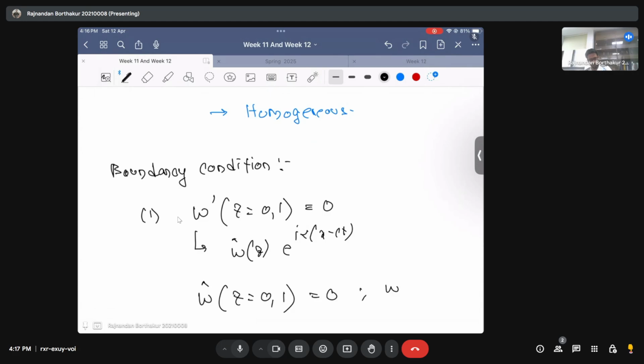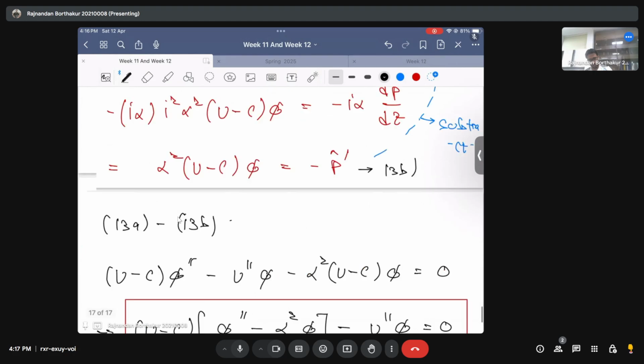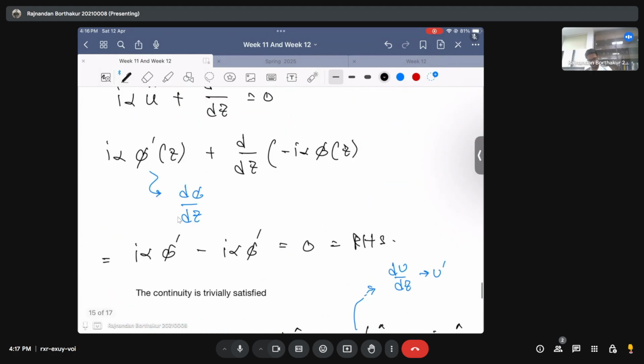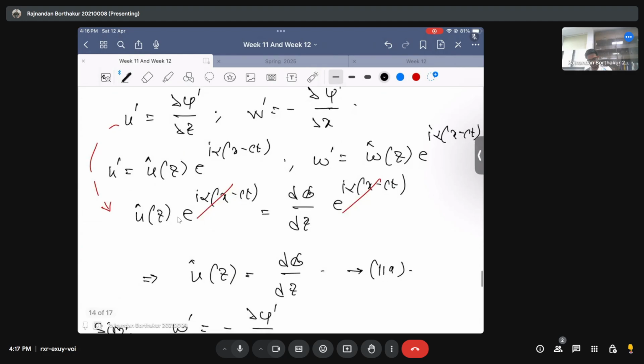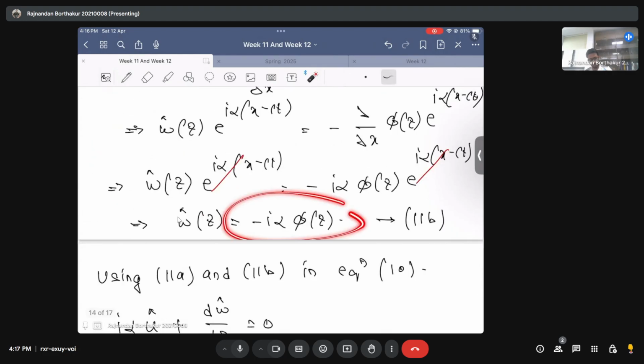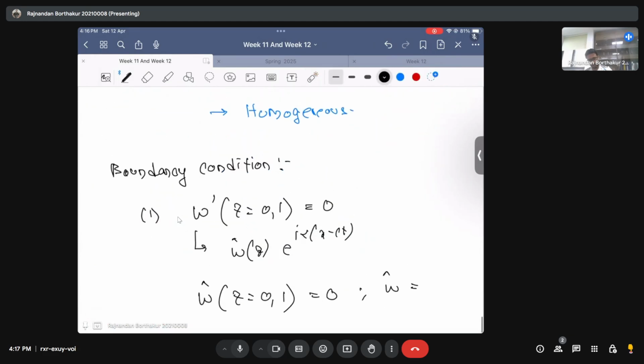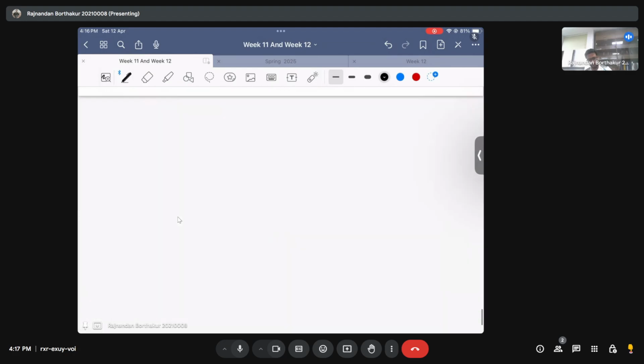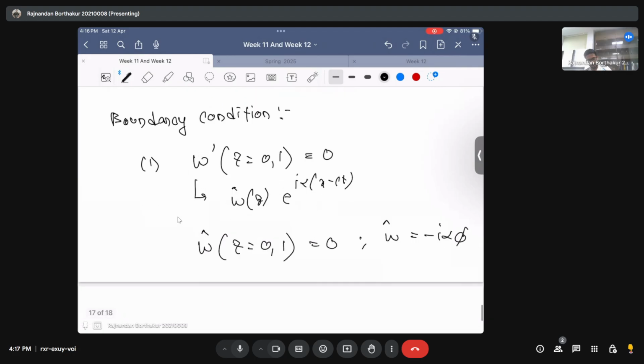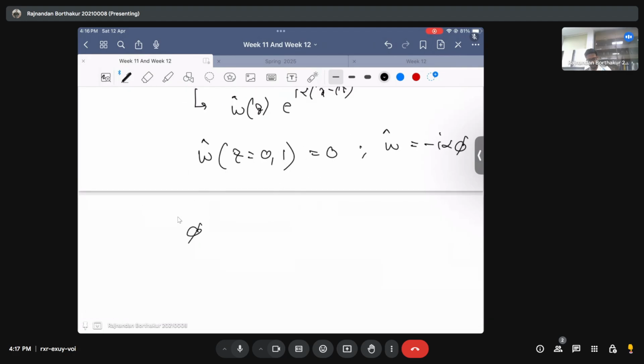But I know that my w hat in terms of the stream function is equal to minus i alpha phi. Since w hat is equal to minus i alpha phi, I can finally write my boundary condition as phi at z equal to 0, 1 is equal to 0.